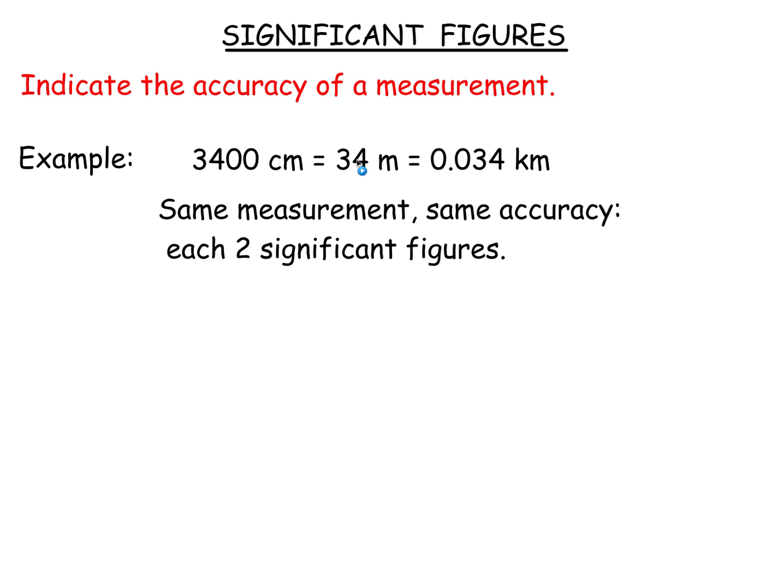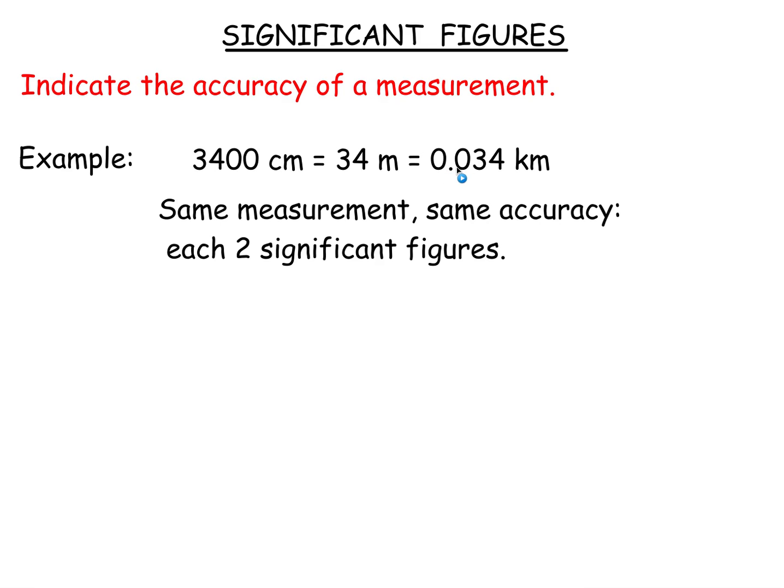Similarly, if I take 34 metres and divide by 1,000, I turn the metres into kilometres. These zeros keep no units and no tenths, but they don't tell you about accuracy. So the measurement's still two significant figures because that's the accuracy. These two zeros at the start aren't significant. So the zeros at the start of a decimal don't tell you about accuracy, they only tell you about place value.